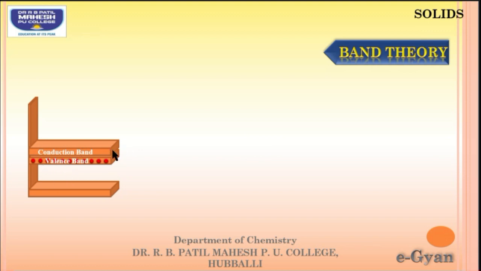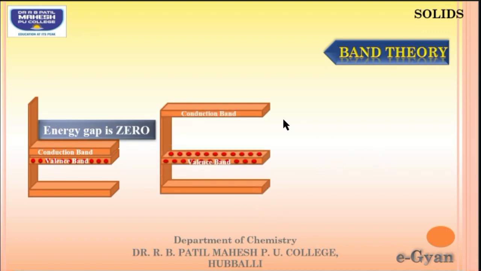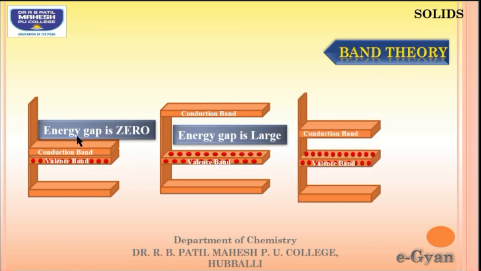The first possibility is that the gap between the conduction band and valence band is 0, that means there is no gap. The second possibility is that the gap between the valence band and the conduction band is very, very high. The third possibility is that it is in between 0 and high, that is, the energy gap is small. If the gap is 0, the forbidden energy is very, very less.